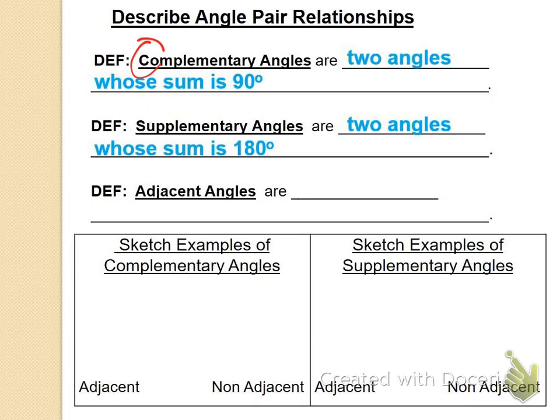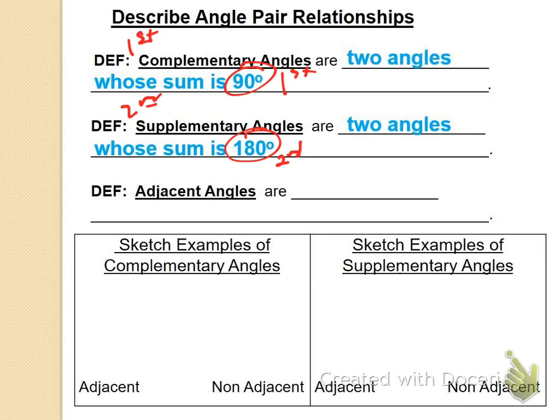So complementary comes first. Supplementary comes second, right? Numerically, 90 degrees comes first. 180 comes second. So complementary goes with 90. Supplementary goes with 180. That's a decent way to remember it, right?